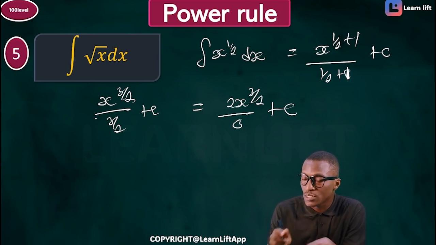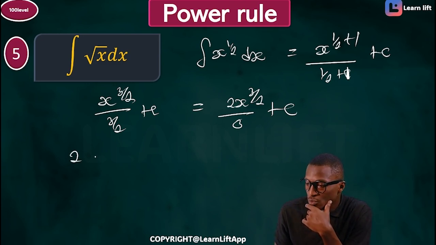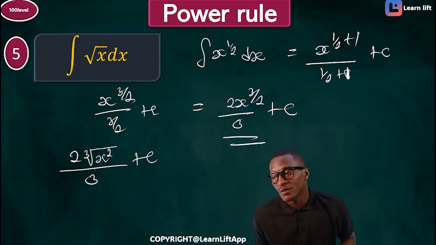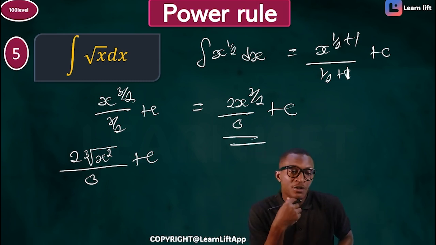The 2 will work. So I can stop there, but I can still decide to say my answer is 2 root x cubed all over 3 plus c. Or you just stop here. Any of them is correct too. Are you seeing that? So that you do not get confused, I just presented it in this form.